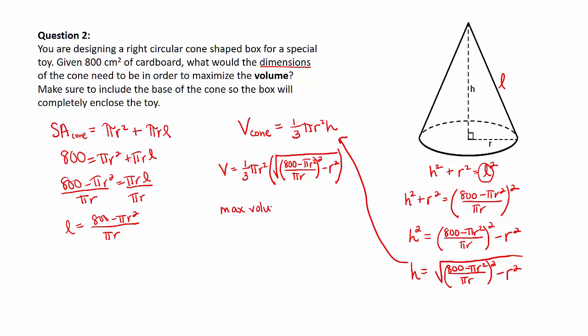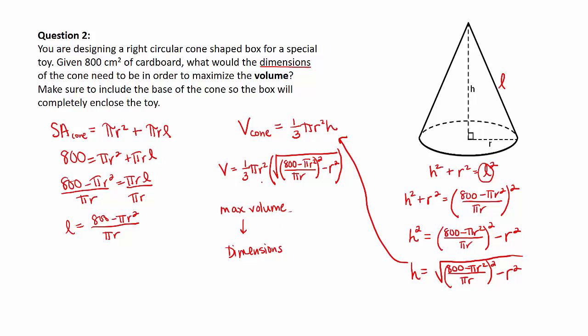I want to find the max volume, but I want to know the dimensions. So before I even type this in the calculator, remember that the V is really like our Y, and the R is really like our X. So when we find a point and we see its Y value, that's telling us the volume.